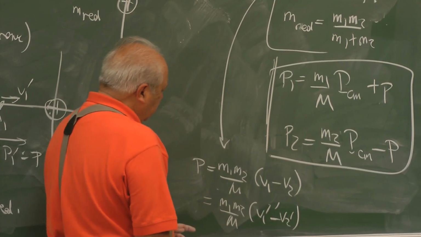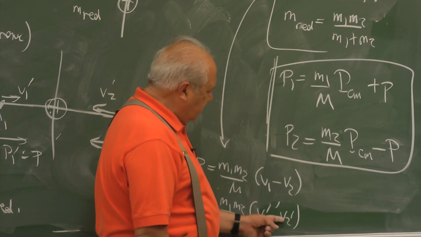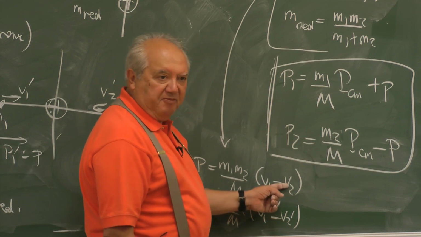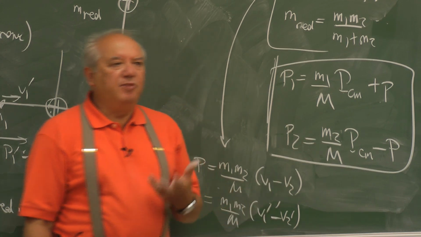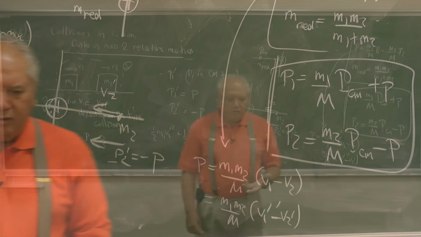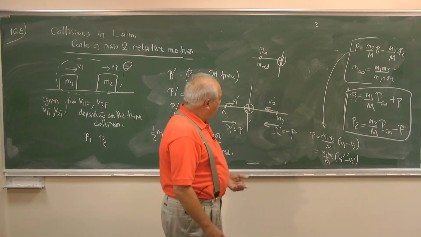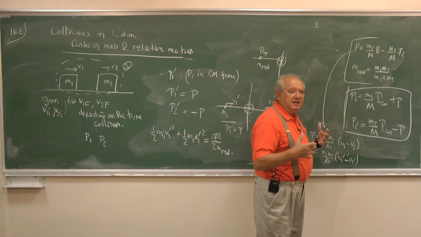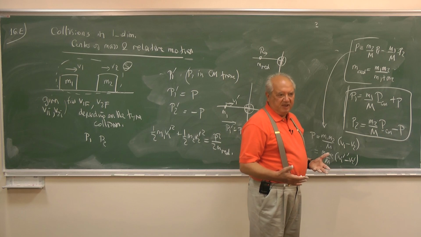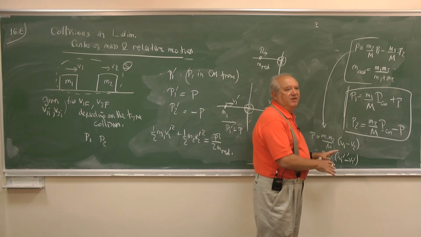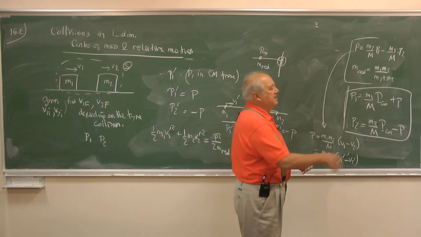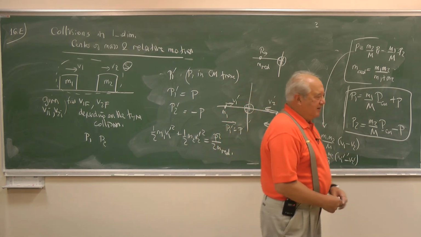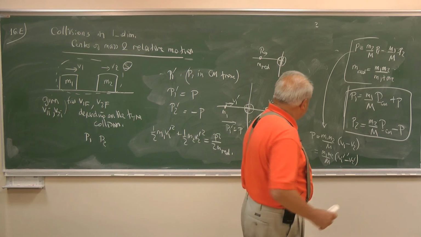So these velocities are written in the center of mass frame, and these velocities are written in the lab frame. That means the relative momentum does not care whether you are in the center of mass frame. It does not care about the value of the center of mass momentum. It's an independent variable. Something is happening in the train, it doesn't matter whether the train is going fast or slow.